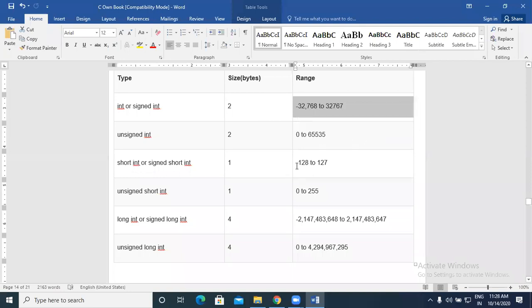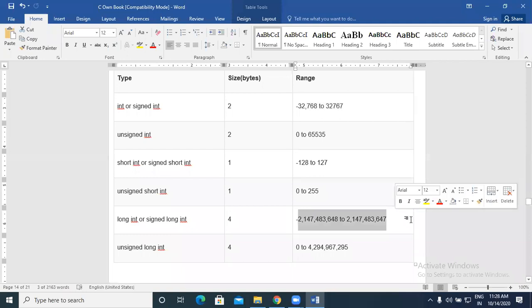Next, short integer, minus 128 to plus 127. Unsigned short integer, that is 0 to 255. That is %hu; we can use that for unsigned short integer. Long integer, the range is minus 2 million to plus 2 million. And unsigned long integer is a 4-byte memory size, and it stores 0 to 4 million in integer range.